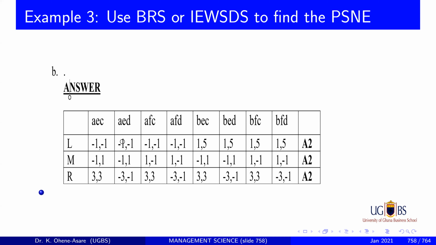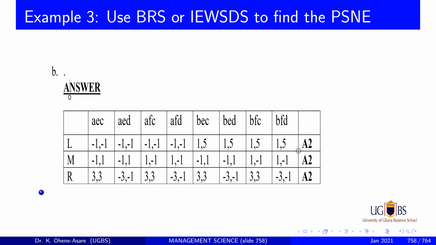They are equal here. They are equal in the second one. They change in the third one. So there's nothing. If you look at the next strategy, between L and R, R is 3, L is -1, so R is winning. R is -3, L is 1. So you wouldn't be able to use iterative elimination effectively on this.